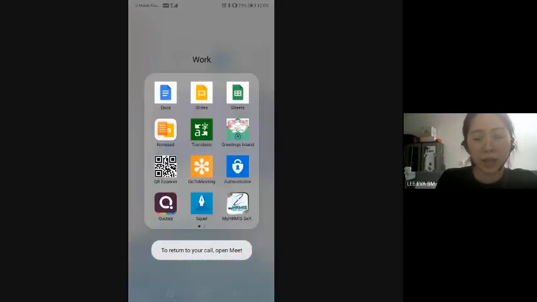This app you can also use later on. Now I cannot see your screen, so you need to let me know from time to time what you have seen. Can you see my screen now?